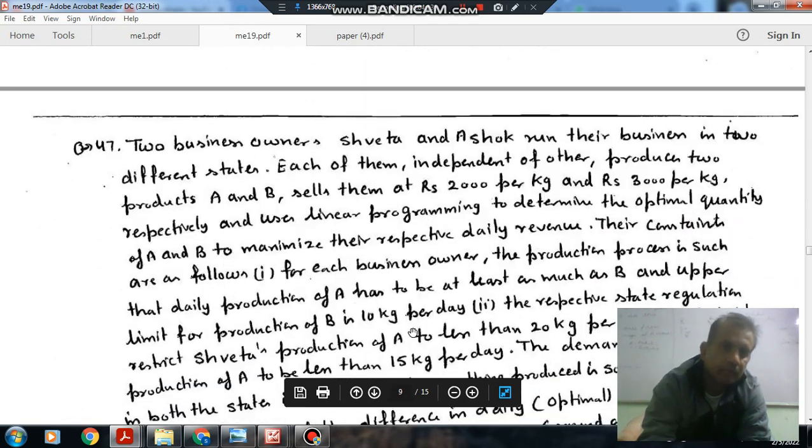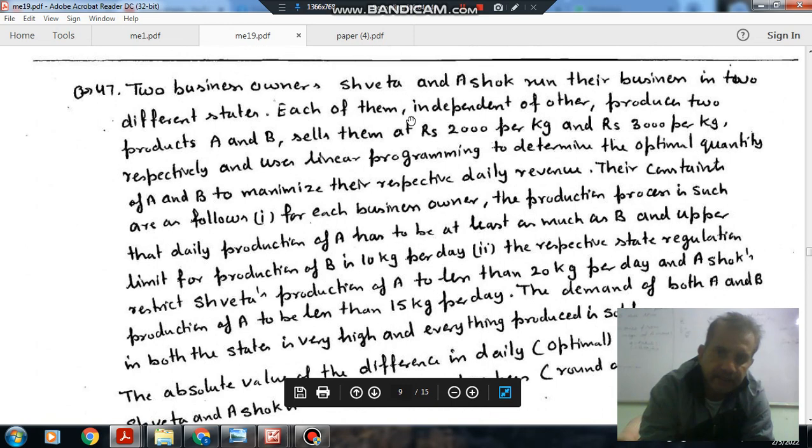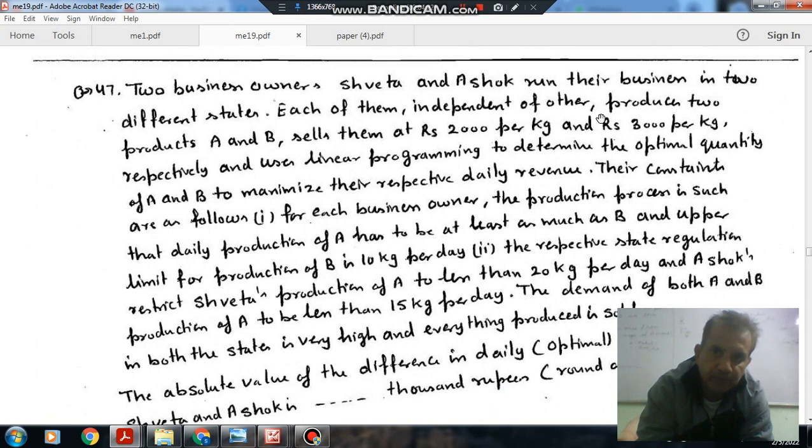Next: two business owners, Shweta and Ashok, run their own business in two different states. Each of them, independent of the other, produces two products A and B, sells them at rupees 2000 per kg and rupees 3000 per kg respectively, and uses linear programming to determine the optimal quantity of A and B to maximize their respective daily revenue. Their constraints are as follows.